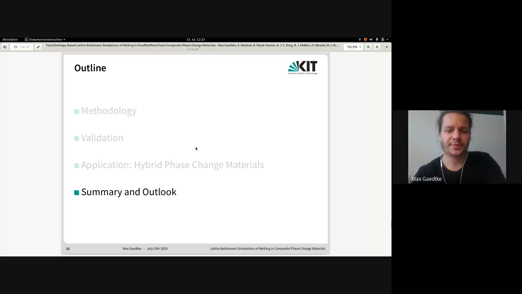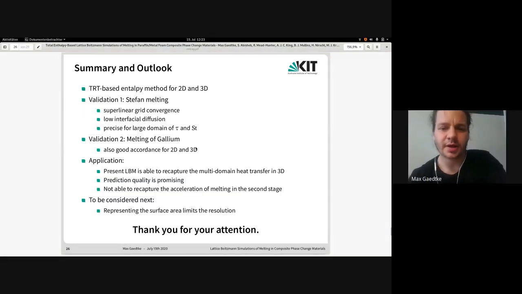So a summary and outlook. I showed a TOT-based enthalpy method for 2D and 3D that's actually extendable and is totally local, so we don't need any non-local processes here to do the coupling, to do the collision.